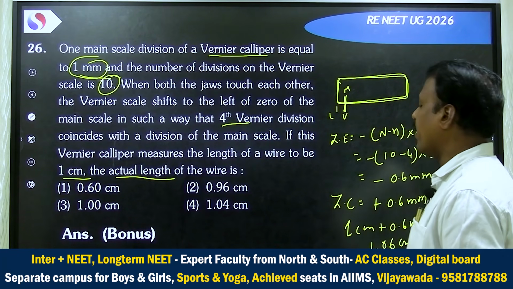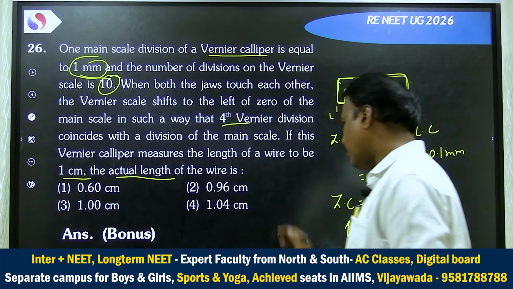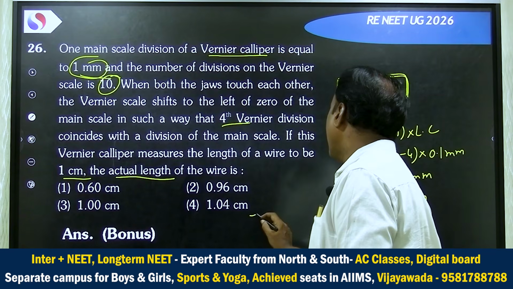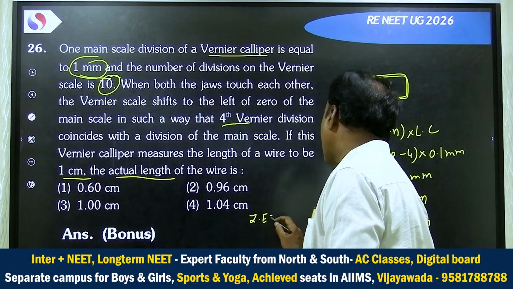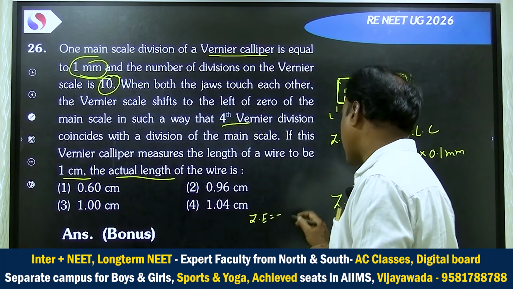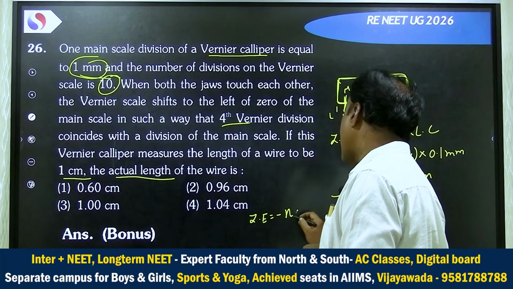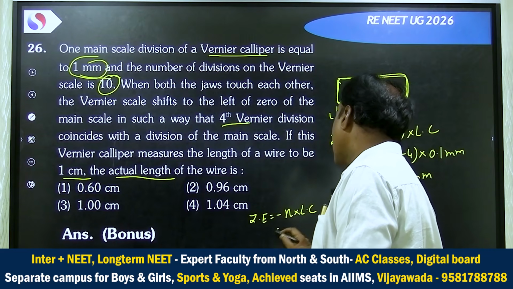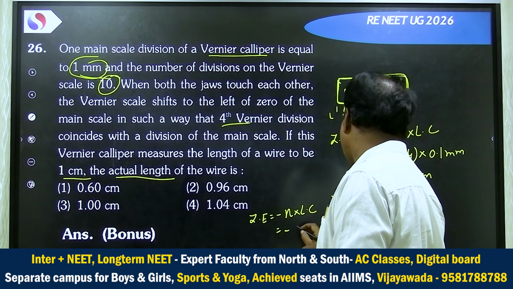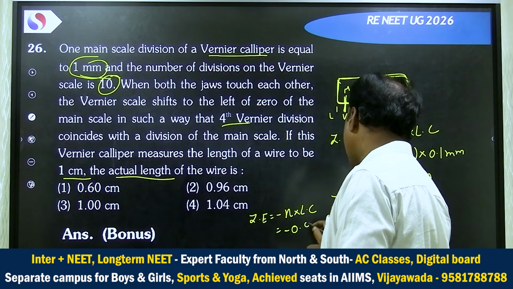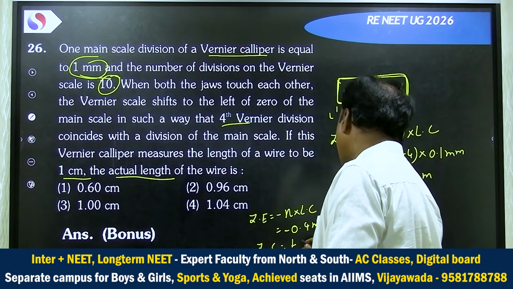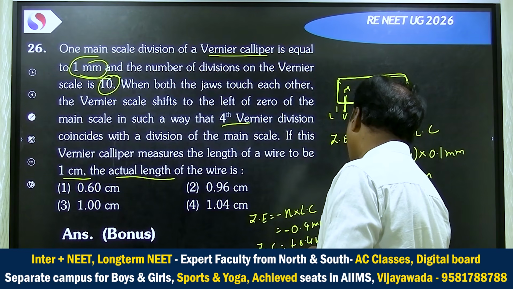This answer was given from another model of zero error calculation. That is, for negative error we can take minus n, that means directly we take the number of the division coincidence. So from that you will get minus 0.4 mm and the correction is plus 0.4 mm.